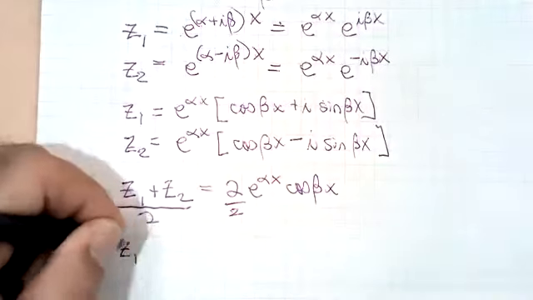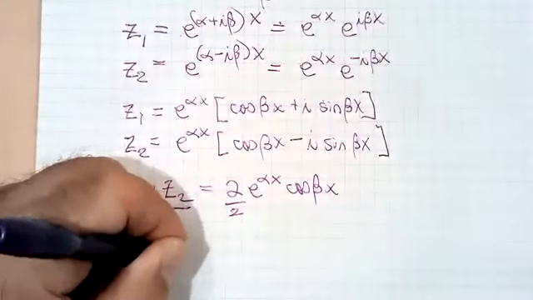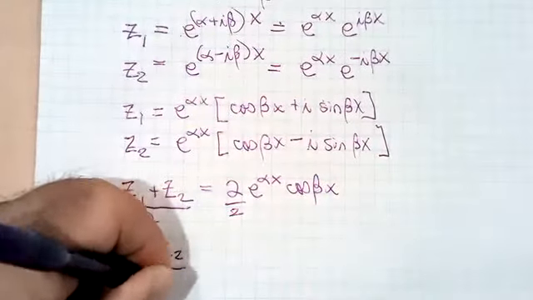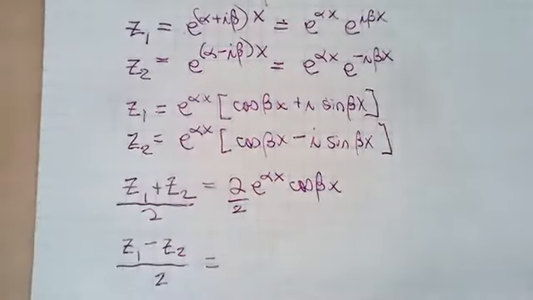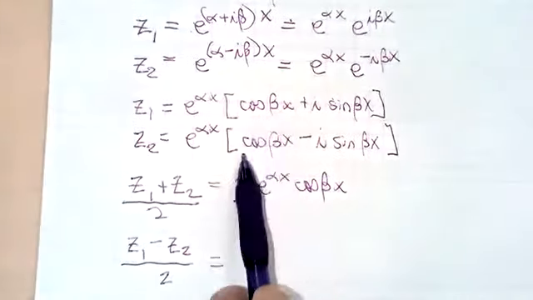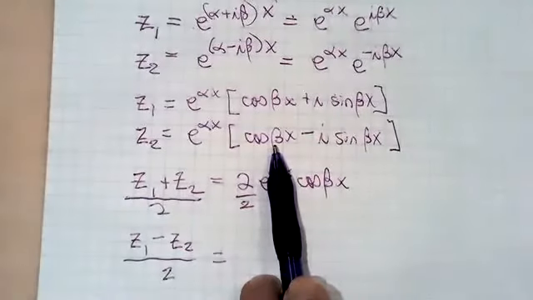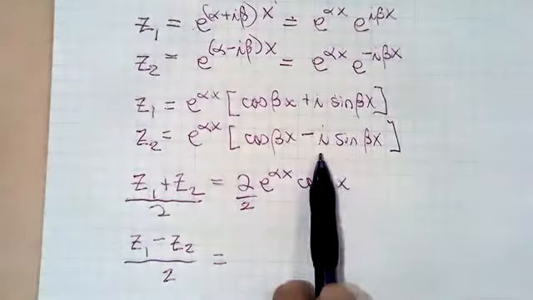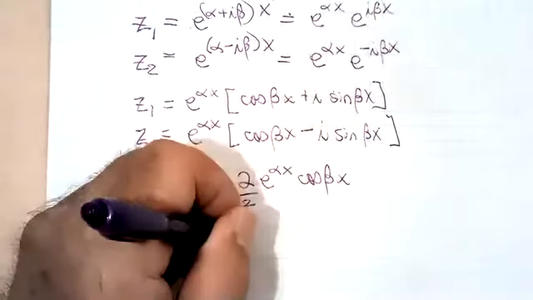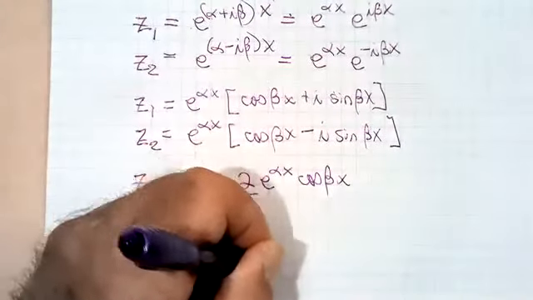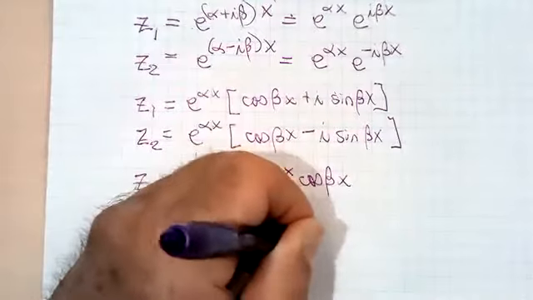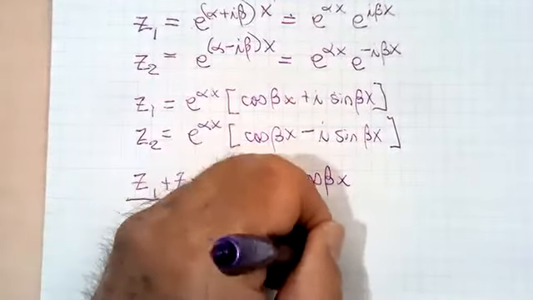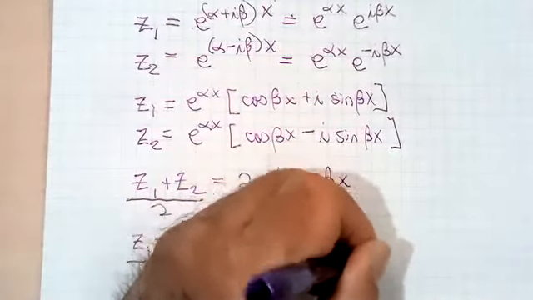Likewise, you could take the difference and divide by 2. In that case, the cosine beta x terms cancel to 0, and you'll have i sine beta x minus a minus i sine beta x. You'd have 2i e to the alpha x sine beta x.